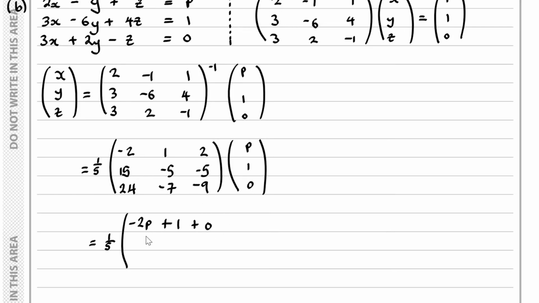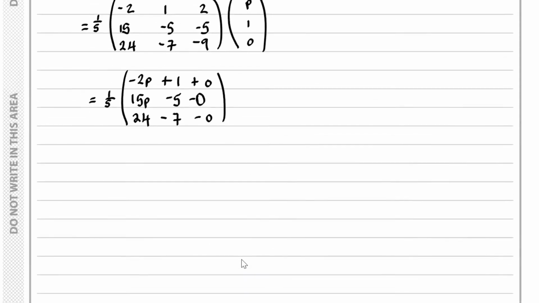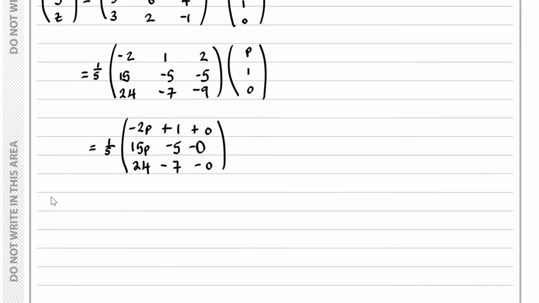and then for the next row we have 15 times by p, minus 5 times by 1 minus 5 times by 0. And then we have 24 times by p minus 7 times by 1 minus 9 times by 0. And therefore, in terms of coordinates, we'd have minus 2p plus 1 over 5.